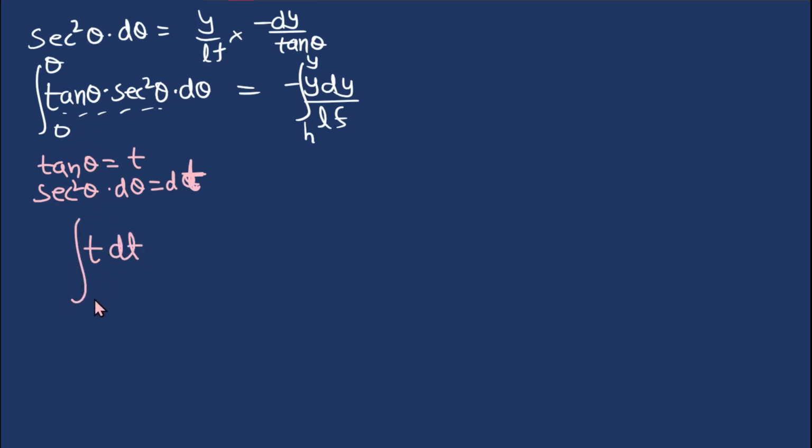So tan 0 will become 0 and theta here will become tan of theta, right? And towards the right we'll get 1 by LF is constant, minus of integration of y, and we'll just substitute the limits also, right? So it will become minus of y square minus h square by 2, right?